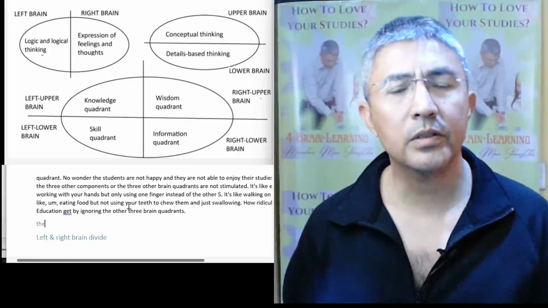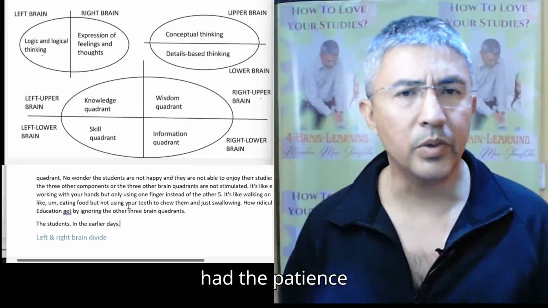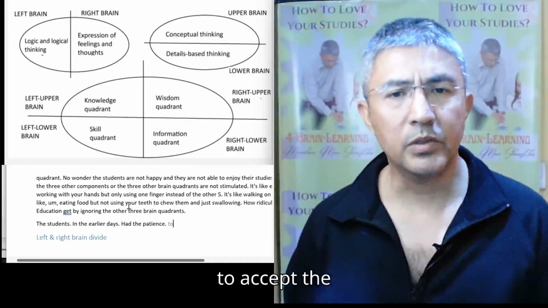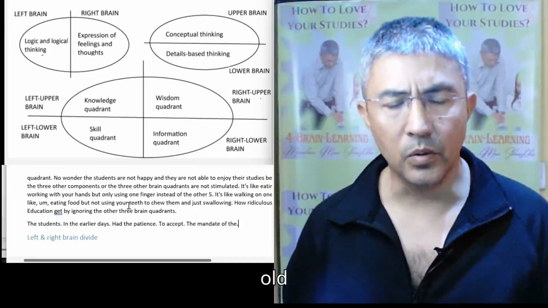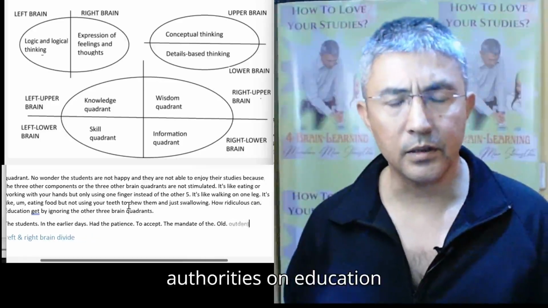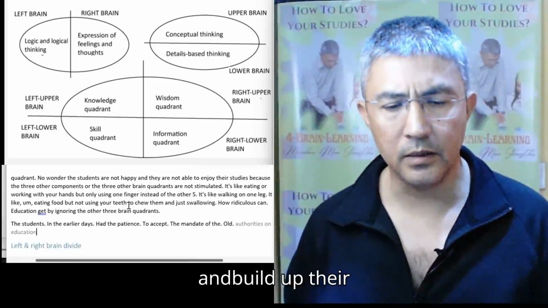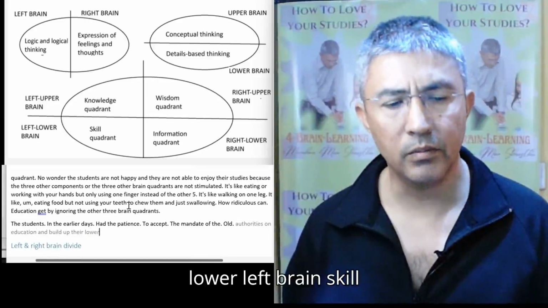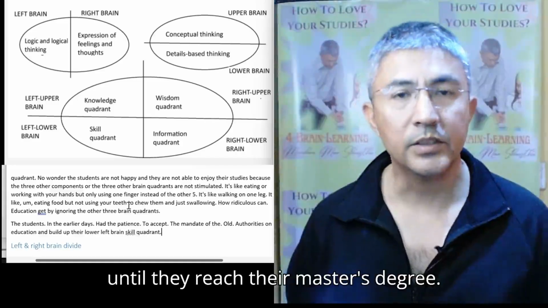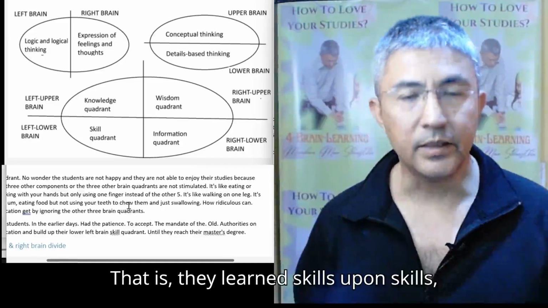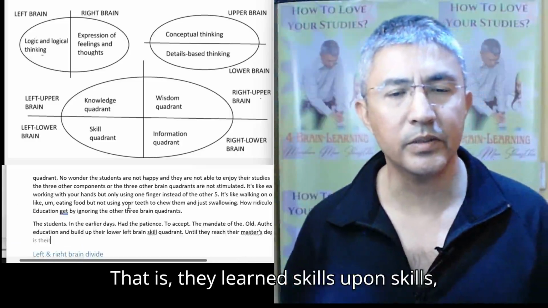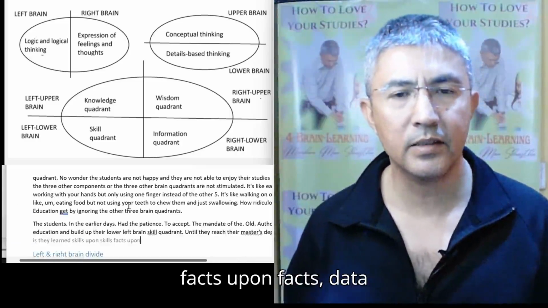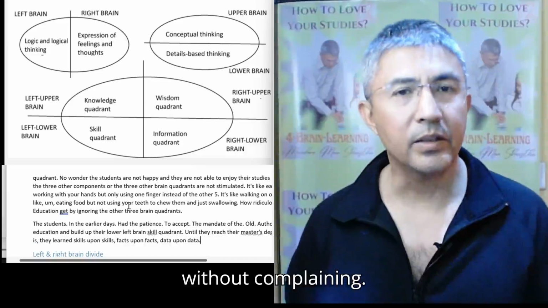The students in the earlier days had the patience to accept the mandate of the old authorities on education and build up their lower left brain skill quadrant until they reached their master's degree. That is, they learned skills upon skills, facts upon facts, data upon data without complaining.